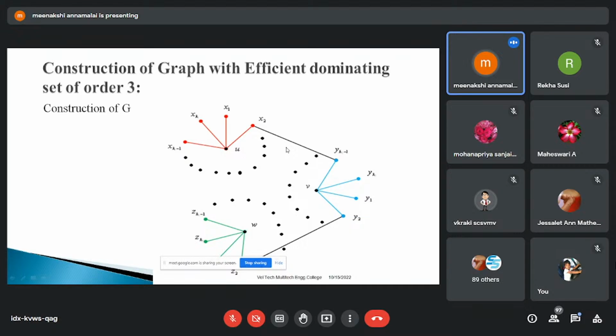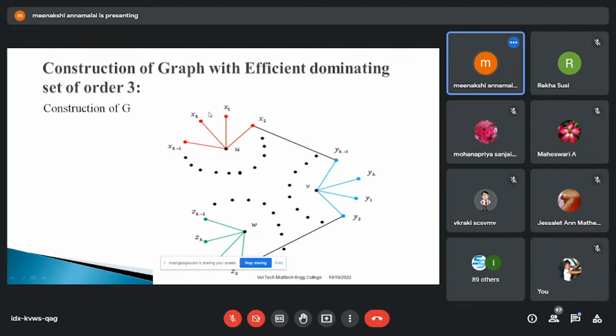Let them be u, v, w. As in the previous slide, the neighbors of u are x1, x2, etc., xk1. So for u, k1 neighbors are there. For v, k2 neighbors are there. For w, k3 neighbors are there.